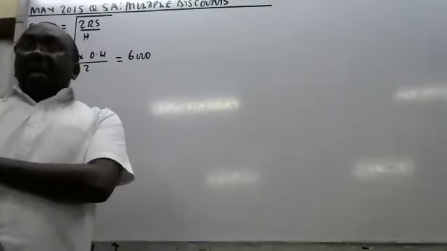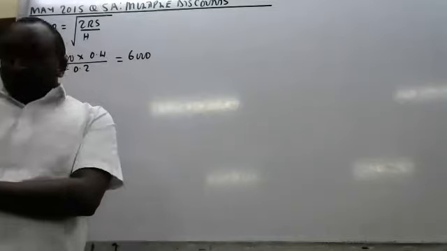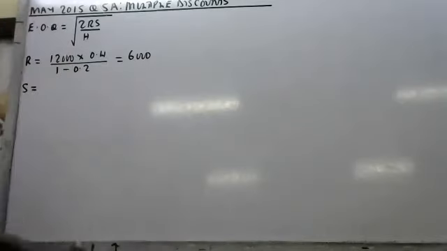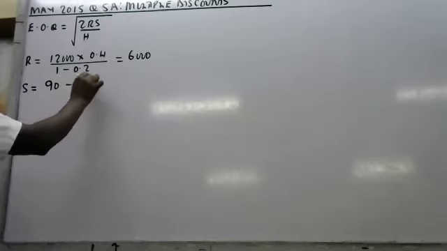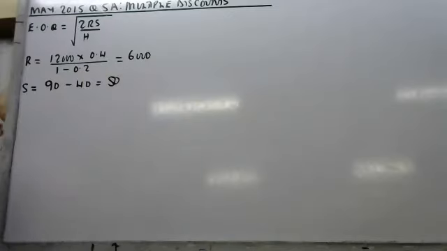So we say S is the incremental cost. So we will have 90 less 40. So we are going to work with 50.